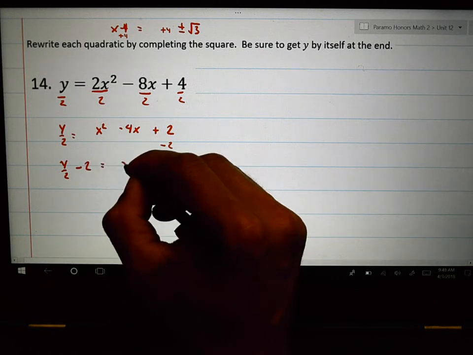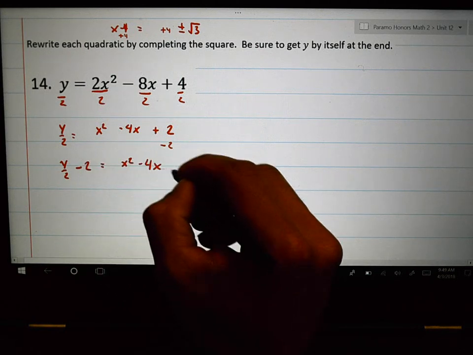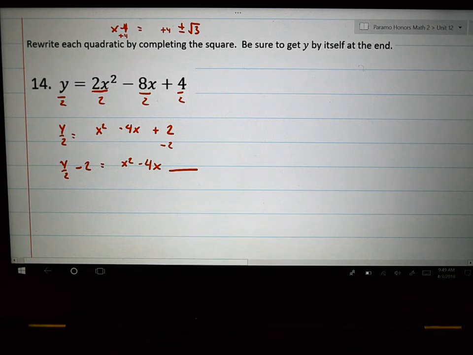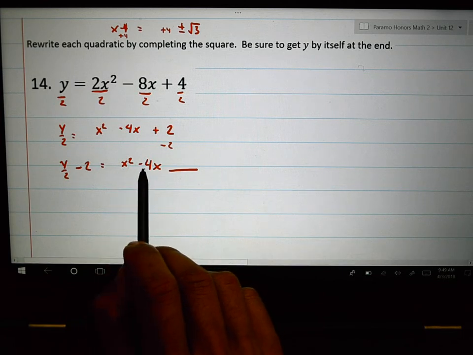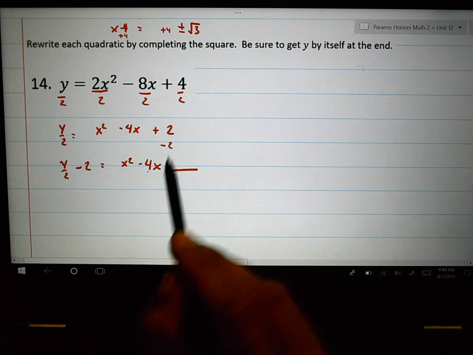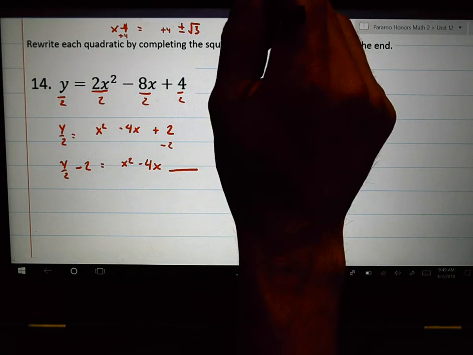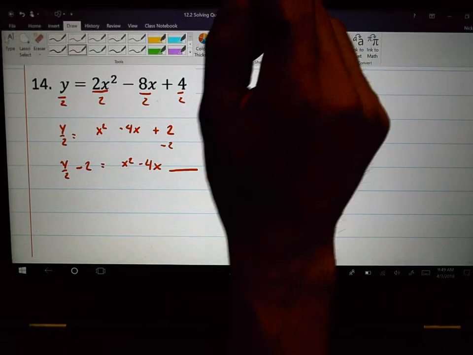Equals x squared minus 4x. I'm going to leave a blank space right there, like that. My a value is 1. My b value is negative 4. And I'm going to add half of b squared.